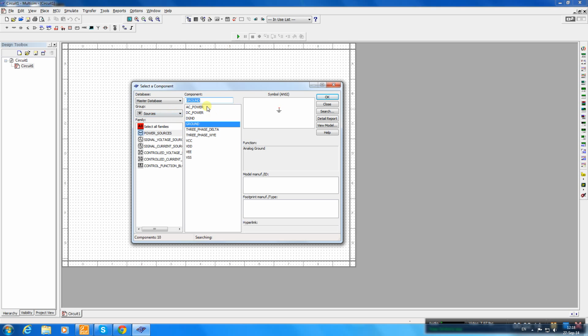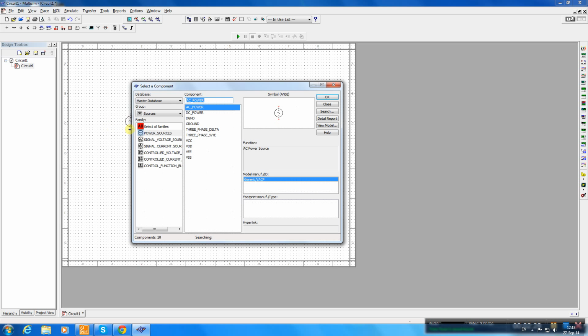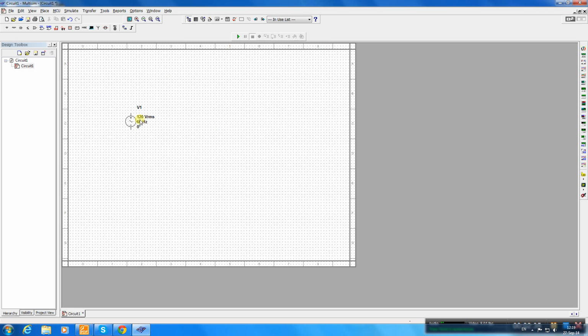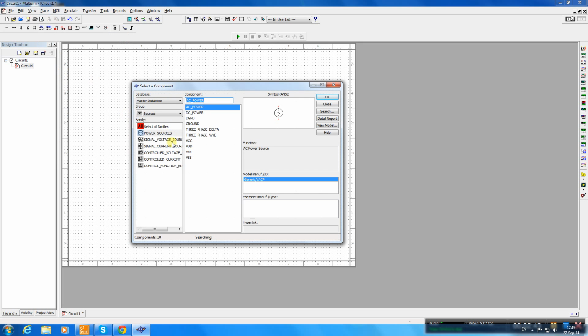So first of all, let's start with the simplest lab. Here we'll try to measure the current and voltage. First of all, we need a source.